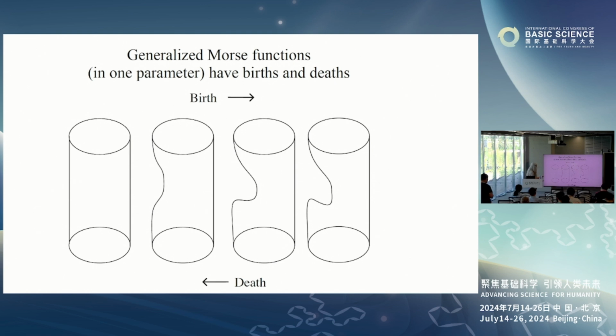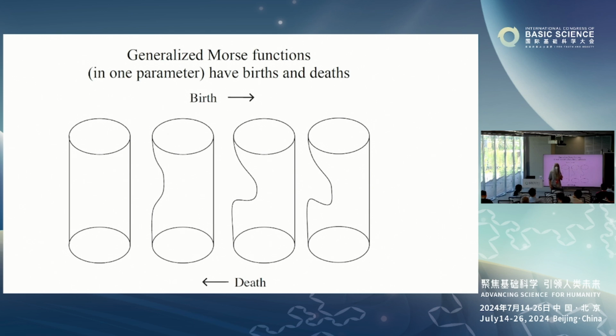Here on the left, no critical points. Here on the right, a single index 1, index 2 pair. Getting from the left to the right is called a birth, and going from the right to the left is a death.